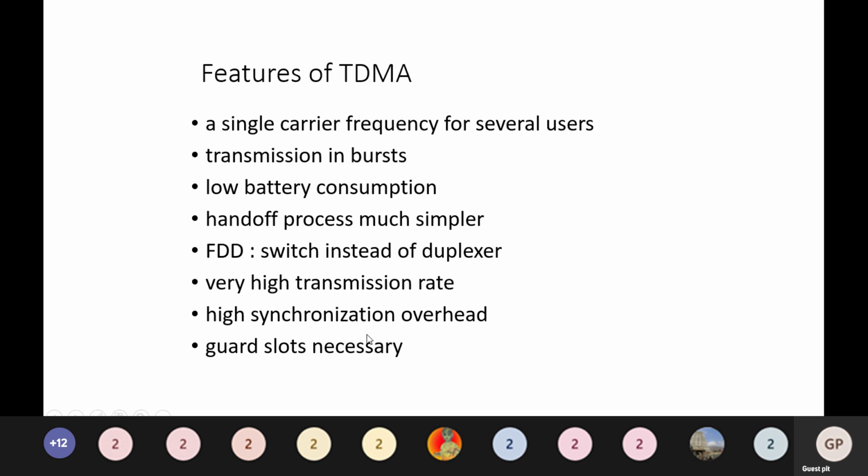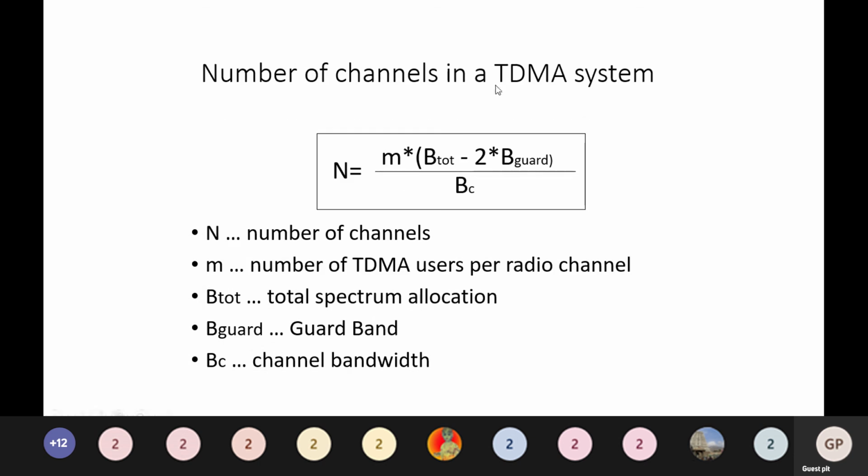Then the number of channels in a TDMA system: N is equal to M times B total minus 2 times B guard, divided by BC. So you can just look into the formula.